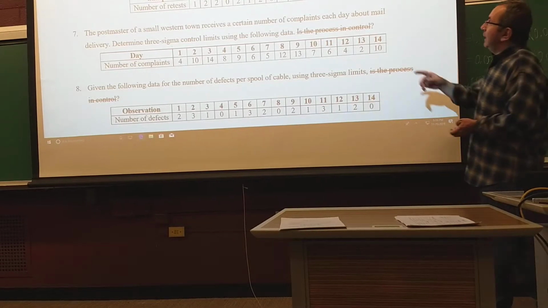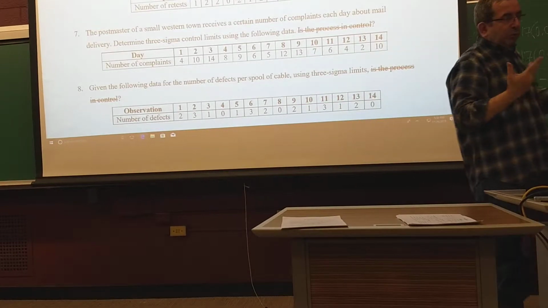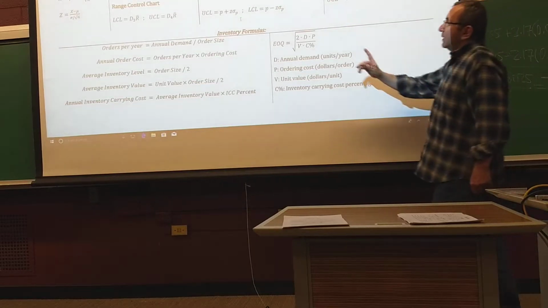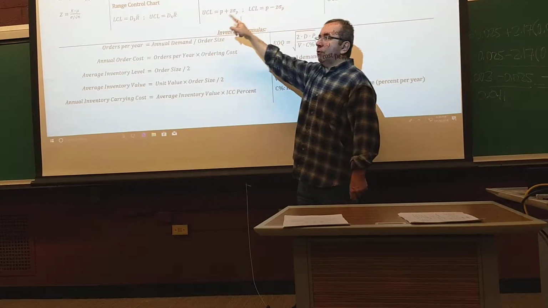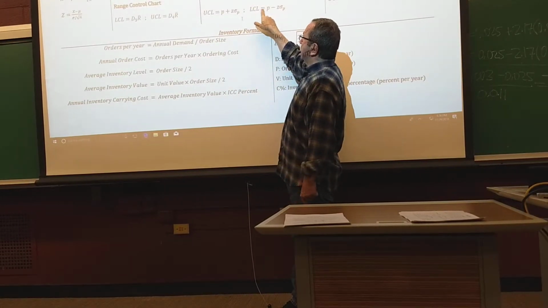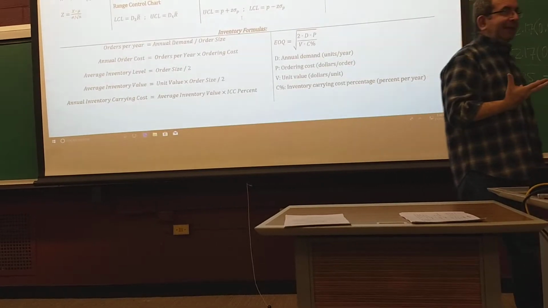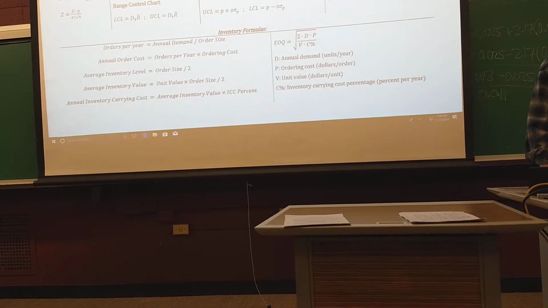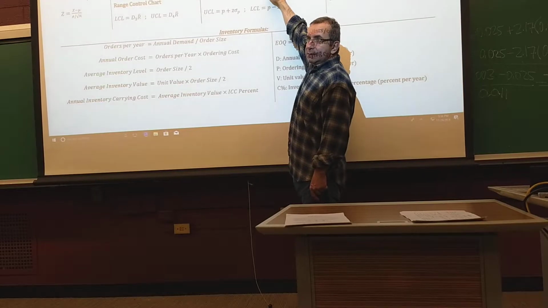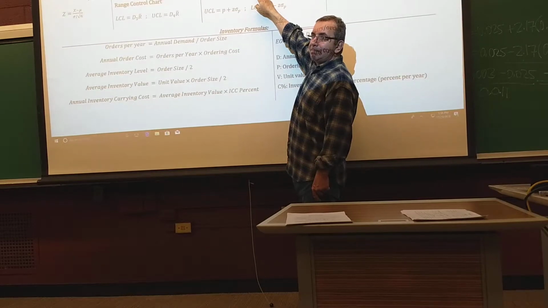For the upper and lower control limits, we're going to use the exact same formula. What are the upper and lower control limits? Okay, we need to find P. What is P? P is the sum of inconclusive tests divided by the number of total tests.